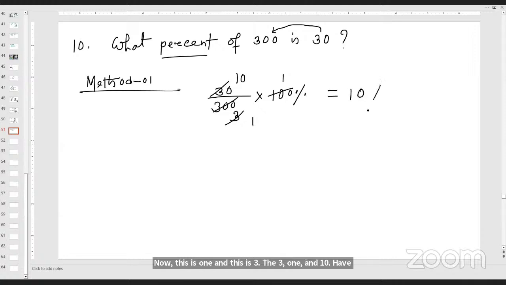Why we have written down like this? Once we are asked to find out the percentage, we have to compare the 30 with 300. So 30 is going to be the numerator and the 300 is going to be the denominator, right? Now, is it okay? Yes, sir. Done.